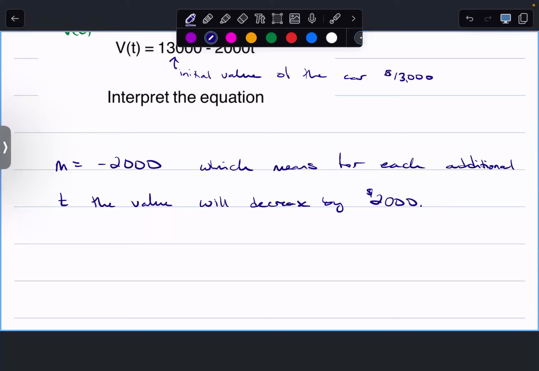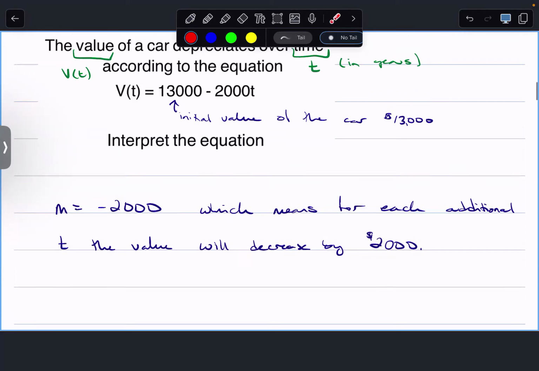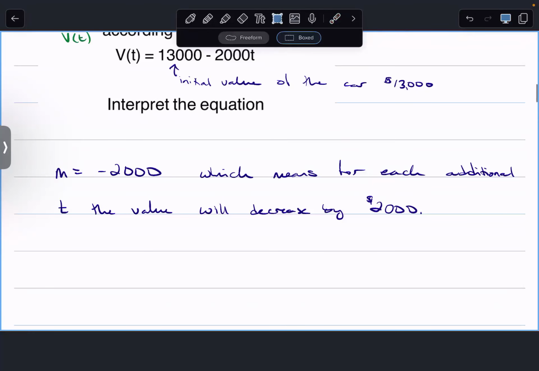And so I think this is a nice point to introduce just the general definition of the slope and the intercept, because if you have the general definitions, or the general interpretations, I should call them, then you can apply them to any scenario. Okay. And so do I have enough room here? No, I don't.